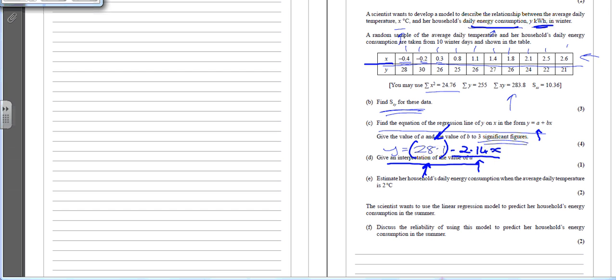If we write that out, y equals 28.1 minus 2.14 times 2, and that is 23.82, which is 23.8.